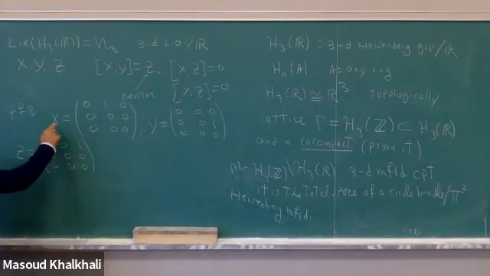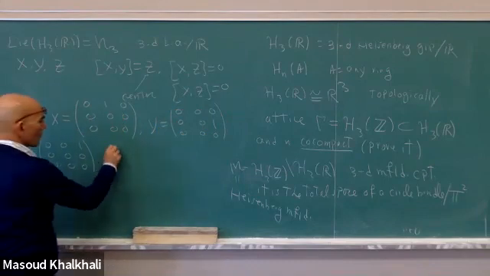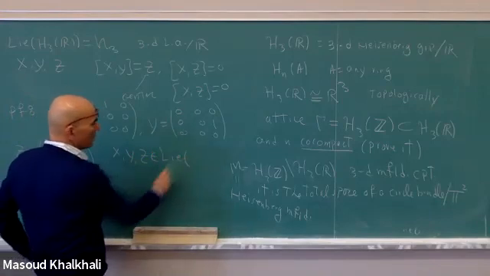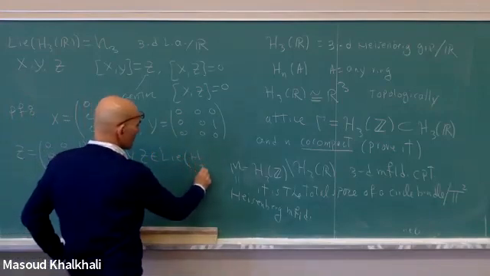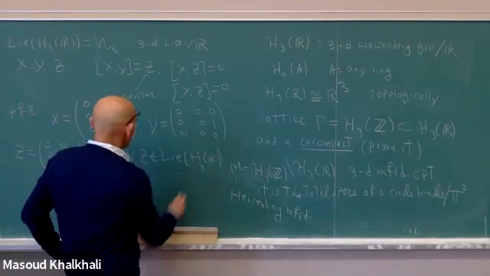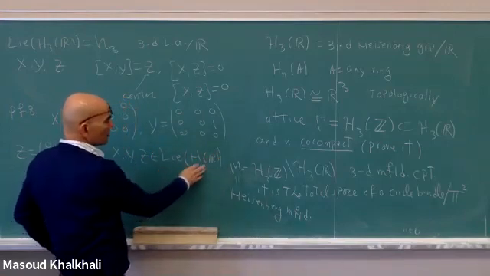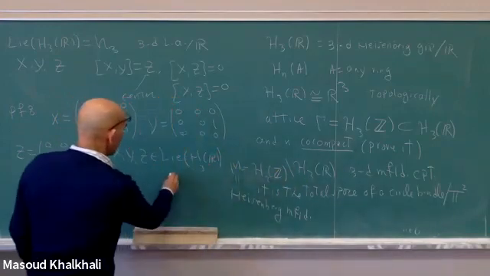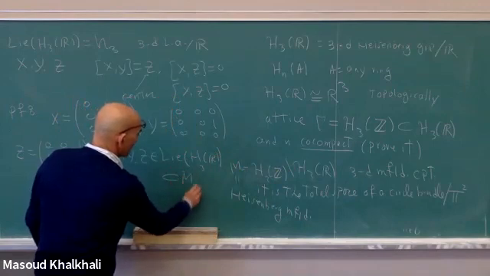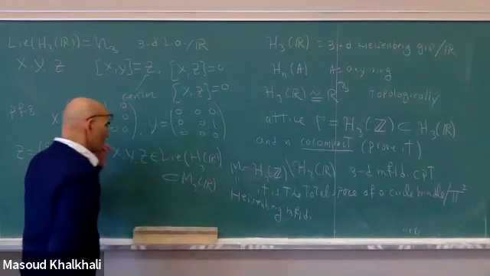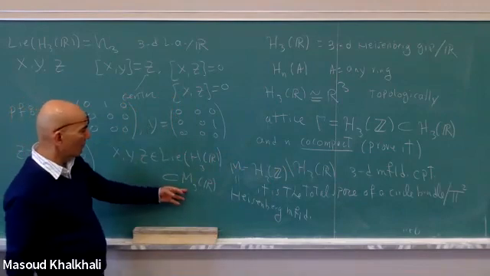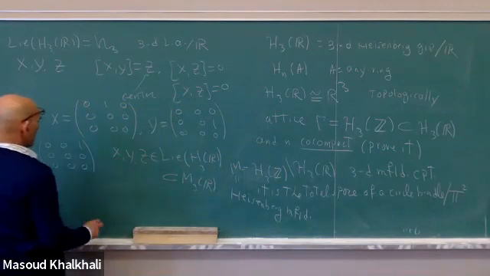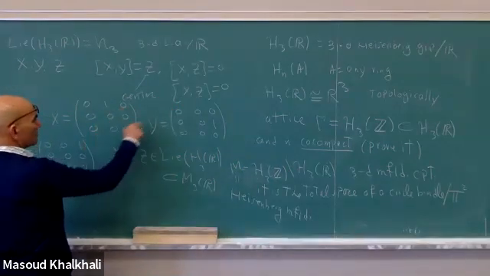Then you can check that X, Y, Z, of course, belong to the Lie algebra of H3. You see, this Lie algebra of H3(R), no matter what it is, because it's a matrix group, I can always realize it inside 3 by 3 real matrices, right? For any closed subgroup of M3(R), we can realize this Lie algebra as such. So these three elements are the three generators.